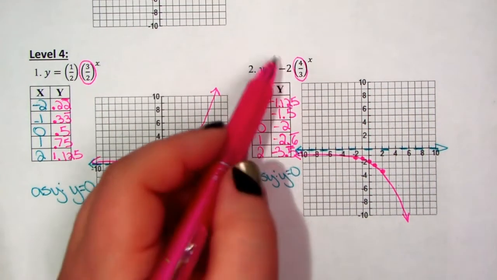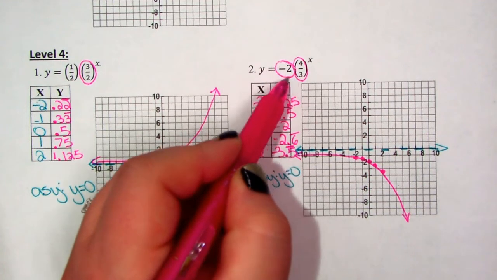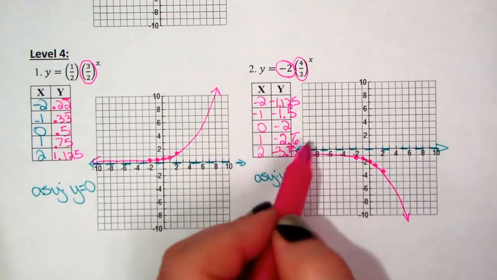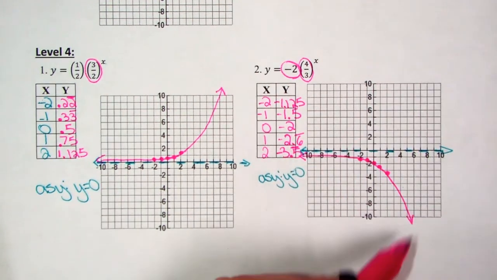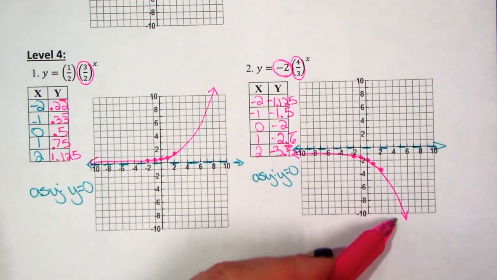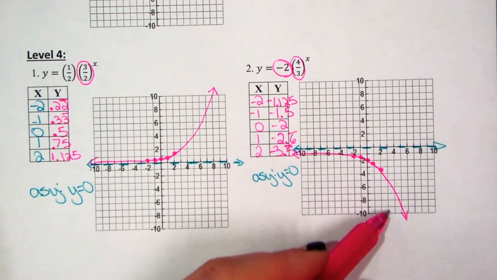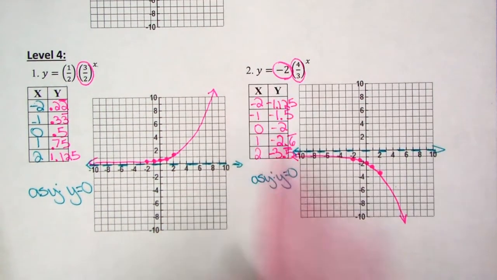The reason why it goes down from left to right is because of this negative here. This negative takes what was going up from left to right and reflects it down below the axis. So when it's below the axis, you cannot just look at it and decide whether it's growth or decay. Instead, you have to go back to that growth factor.